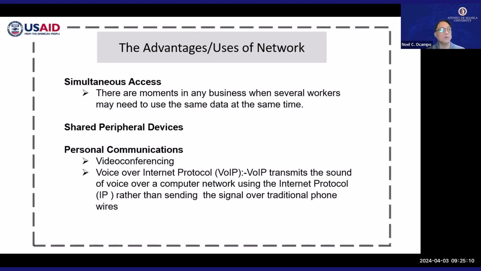Right now, our standard in the office is Microsoft Teams. So what we are doing is interfacing Microsoft Teams to our Cisco unified communications, and we're able to use Microsoft Teams as an ordinary telephone system using voice over IP protocol.